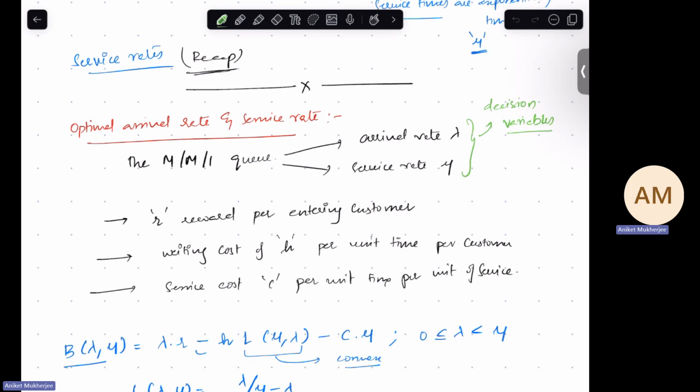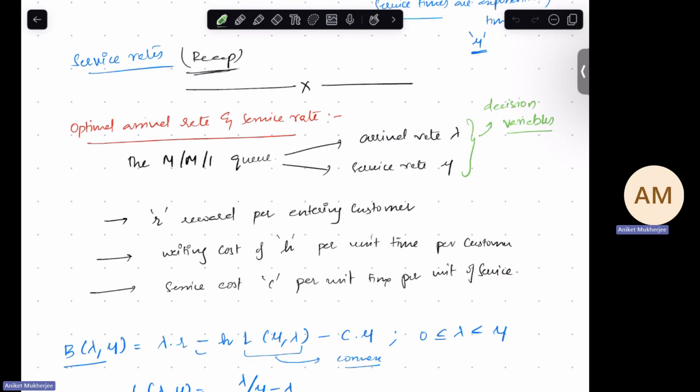Next, we saw the arrival setting, where we are trying to find the optimal arrival rate. The choice has key factors: one is each and every individual customer, or a third party, or the service provider. When the service provider takes the decision, suppose your arrival rate is lambda.